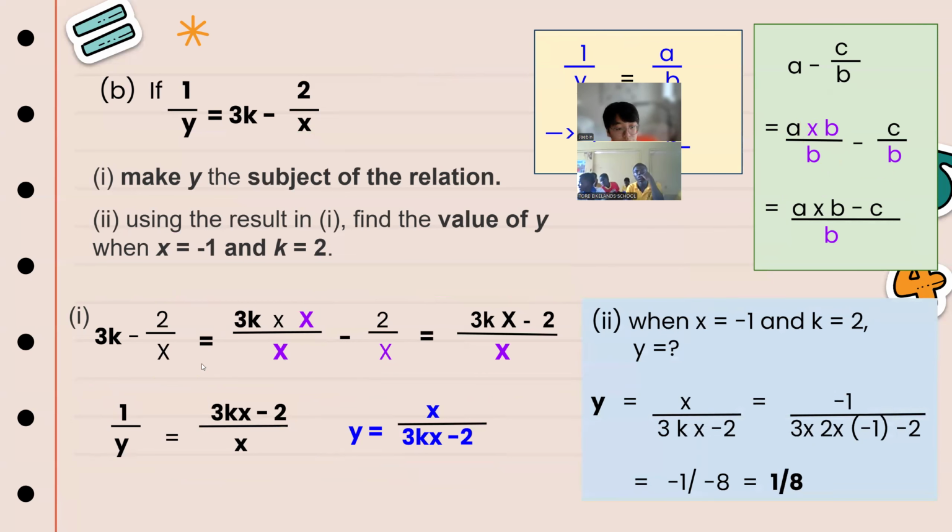And the second question asks, using the result in 1, which we found here, find the value of Y when X equals negative 1 and K equals 2. So we can just plug in the values.